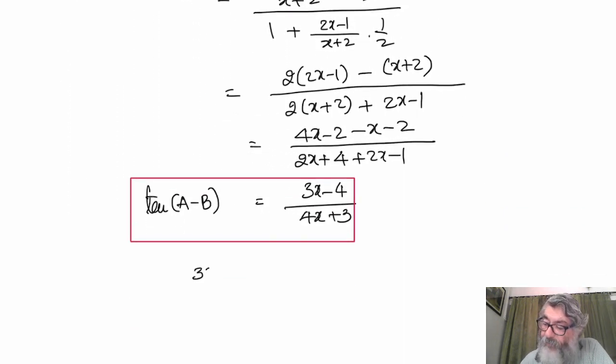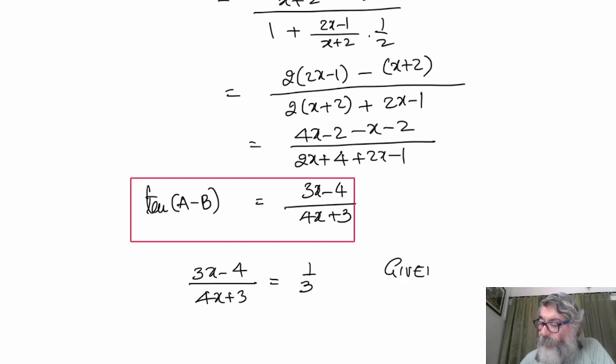So (3x minus 4) upon (4x plus 3) is equal to 1 upon 3, given to us in the question.